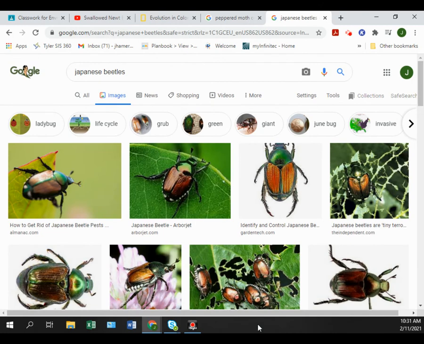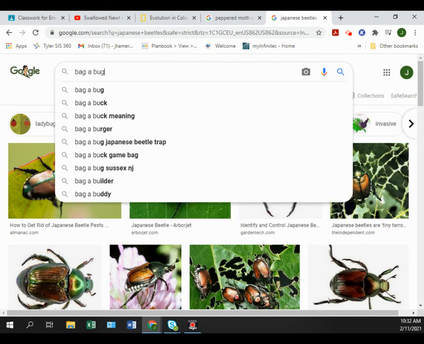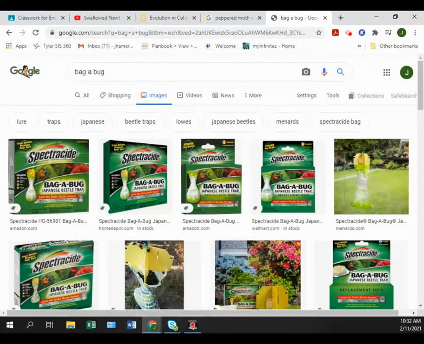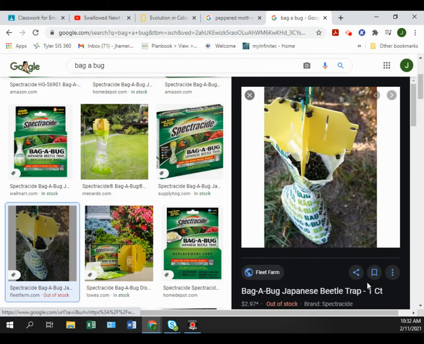A lot of the methods people use to get them are these bag traps. My mom used to use those. You put them out in the backyard, you spend an hour building them. They're like these bag-a-bug traps. I literally had that happen once in less than 3 hours.